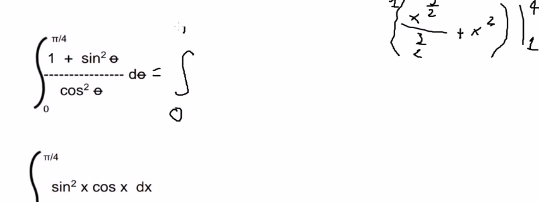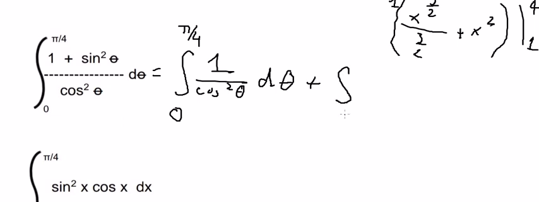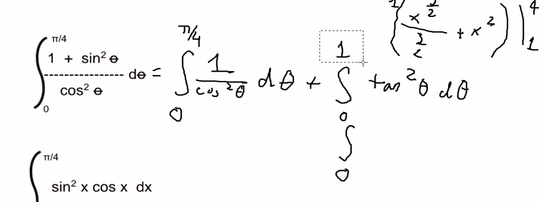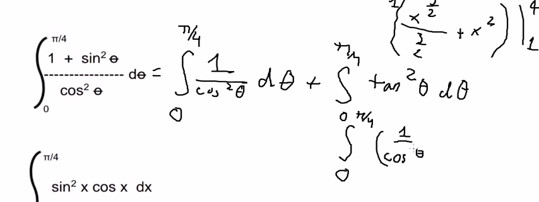So you get from 0 to pi over 4, 1 divided by cosine theta to the power of 2, and the second one, tan theta squared, we can put from 0 to pi over 4, and that should be 1 over cosine theta squared minus 1.